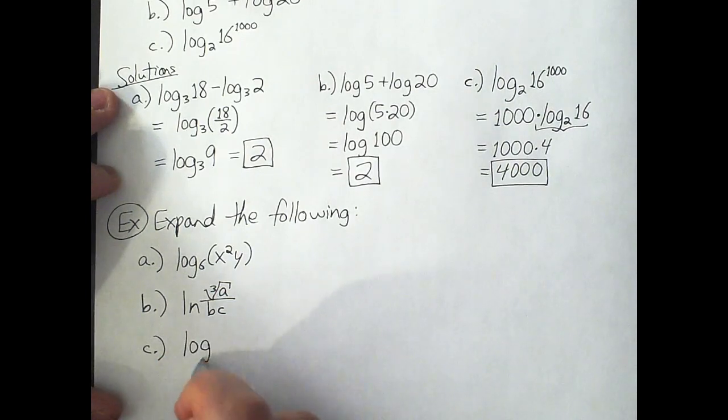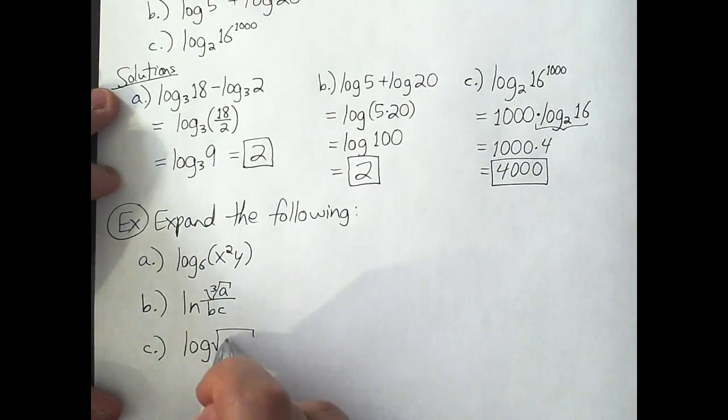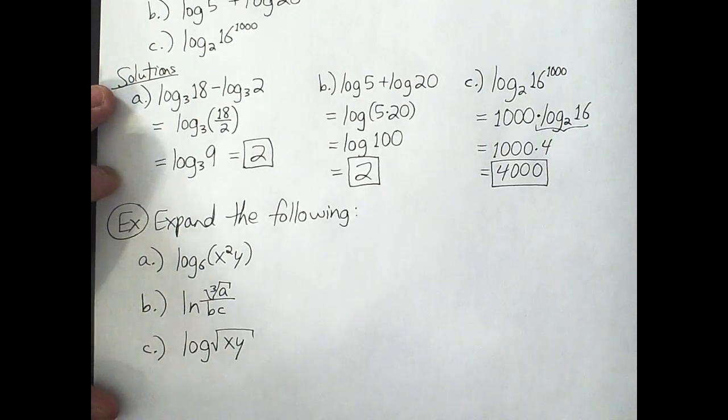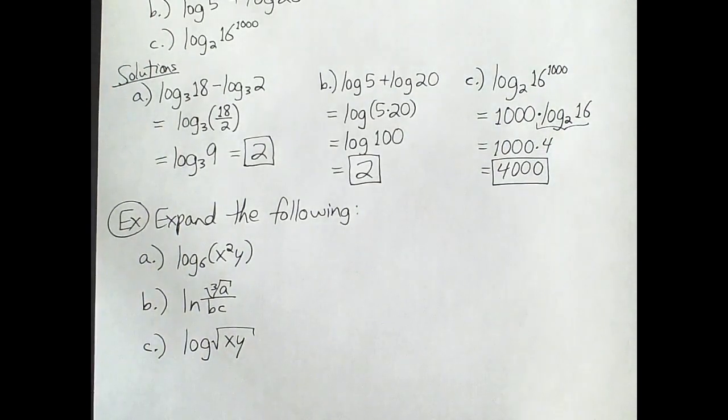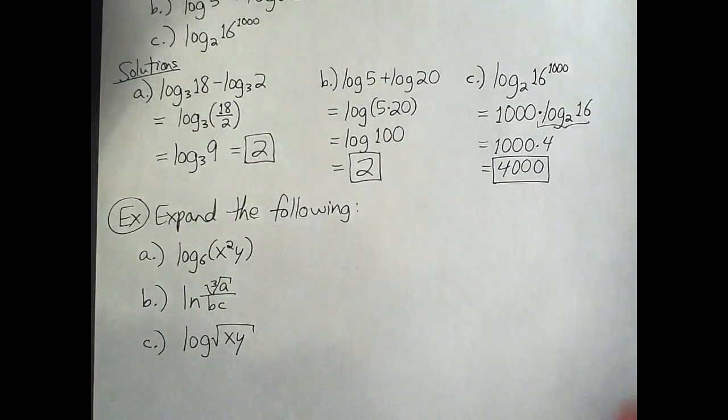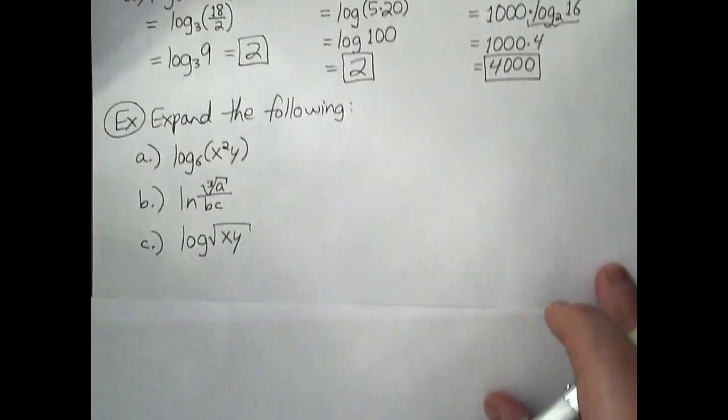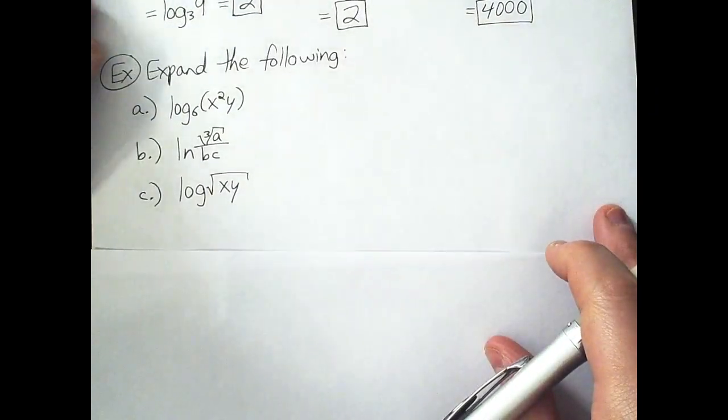Even if you have to struggle with it a little bit, that's all part of the learning process. So I'm going to do part A. I'll give you a chance just to copy those down if you're writing those down. But, you know, I need to show you what I mean by expand.